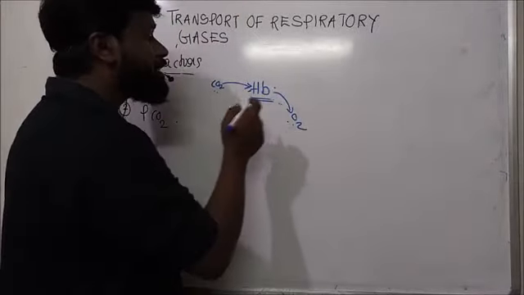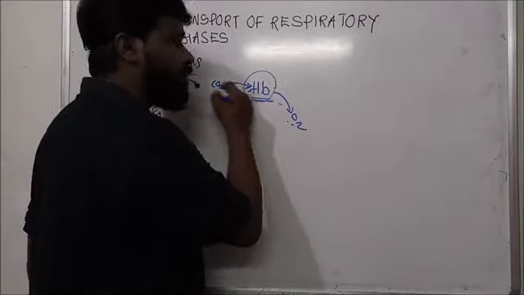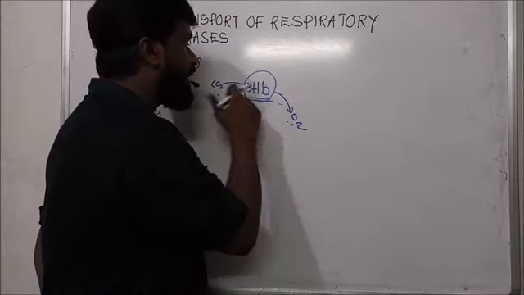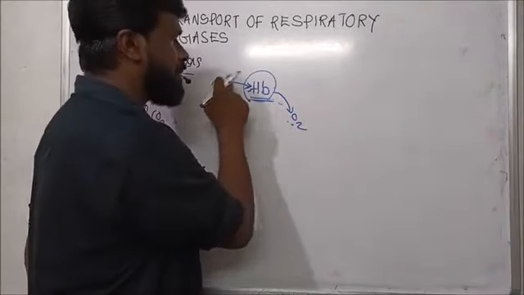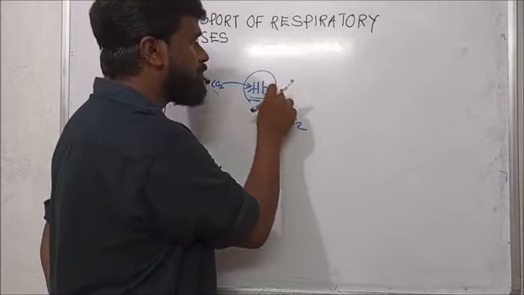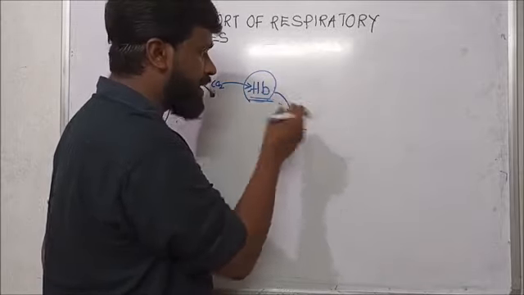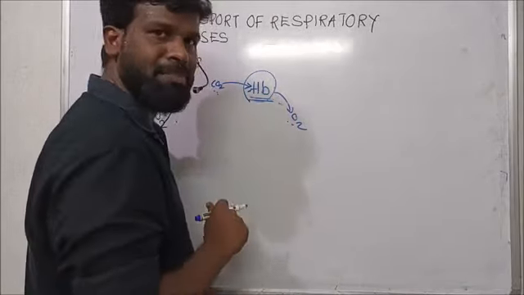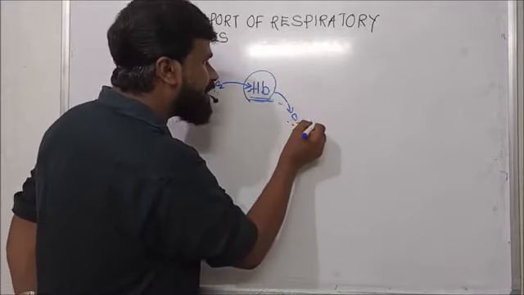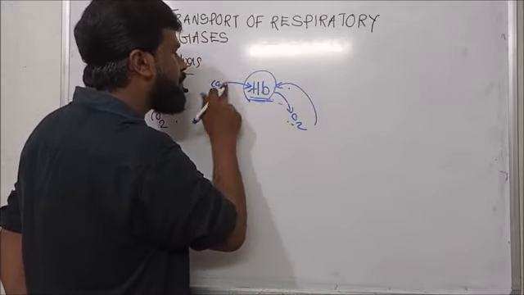So there is no competition between oxygen and carbon dioxide for hemoglobin because they bind on entirely different sites. But when carbon dioxide binds to hemoglobin, the bond between oxygen and hemoglobin is broken, causing the unloading of oxygen from hemoglobin.